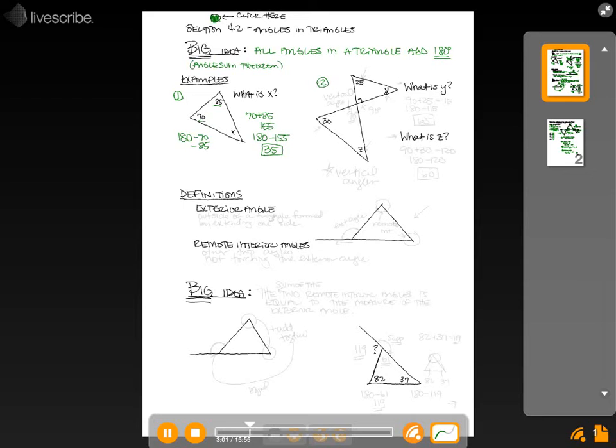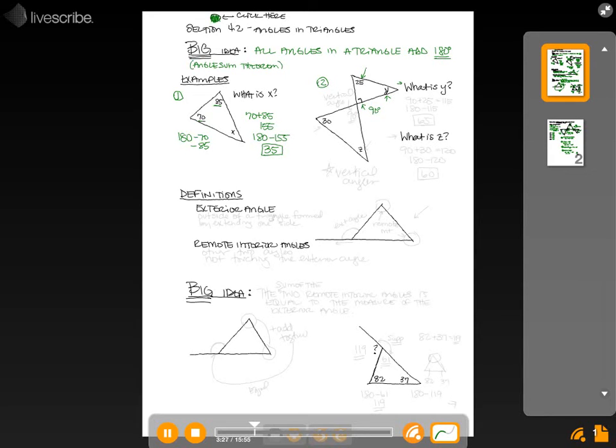Our second example here is a little different. That first example only had 1 triangle. This one has 2. Alright, so if we look, the first question says, what is y? Well, y is right here. We know this angle is 25, and this angle here has that box in it, which means perpendicular. Now, if you remember what perpendicular means, it means that that angle is 90 degrees. Okay, that means those lines intersect and they make a right angle.